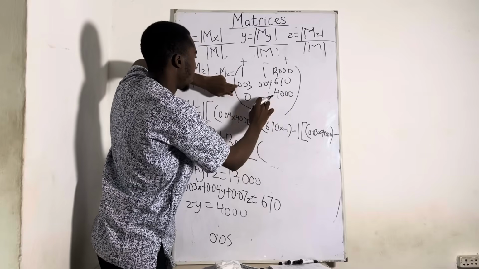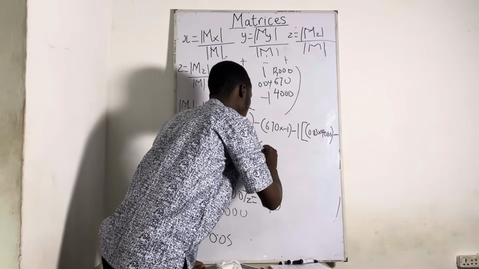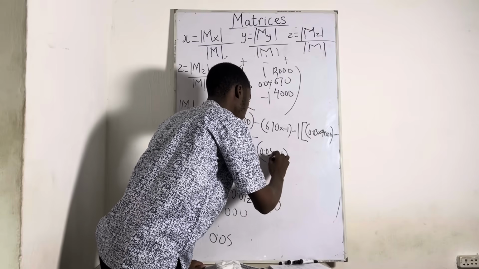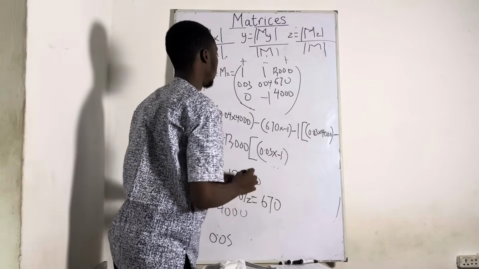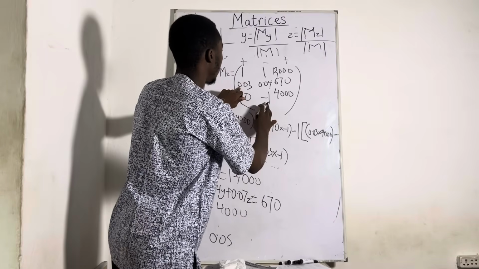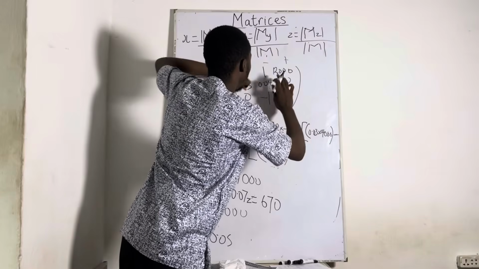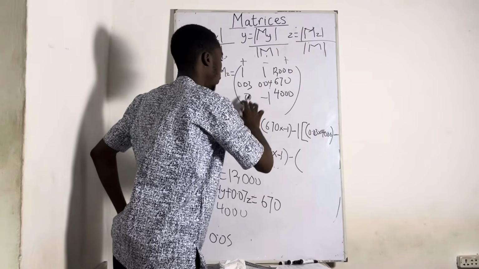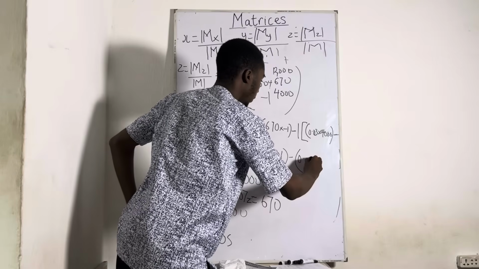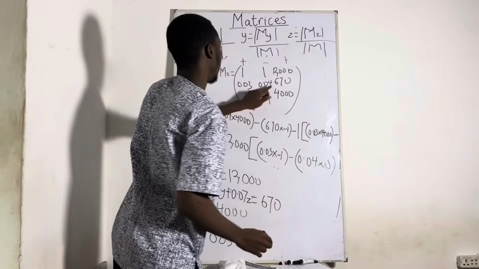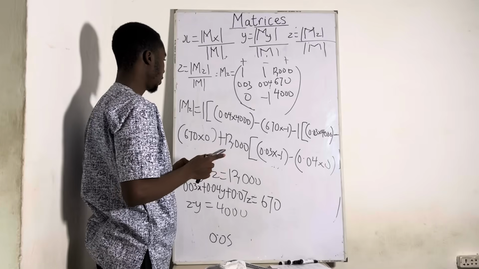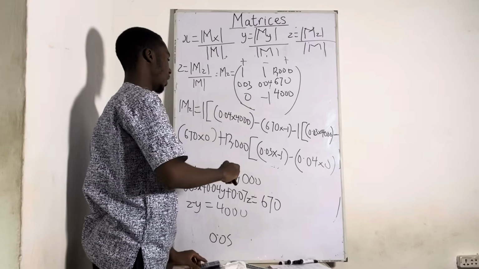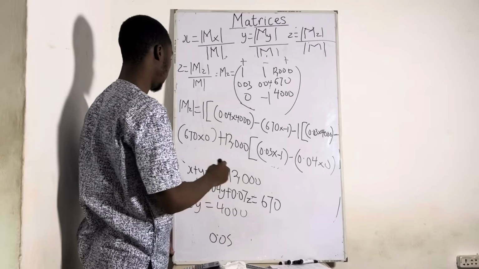So 0.03 times -1, then minus into bracket 0.04 times 0. Alright, so we are going to punch all this on the calculator. If you punch all this on the calculator and you do it properly, you should be getting 350.